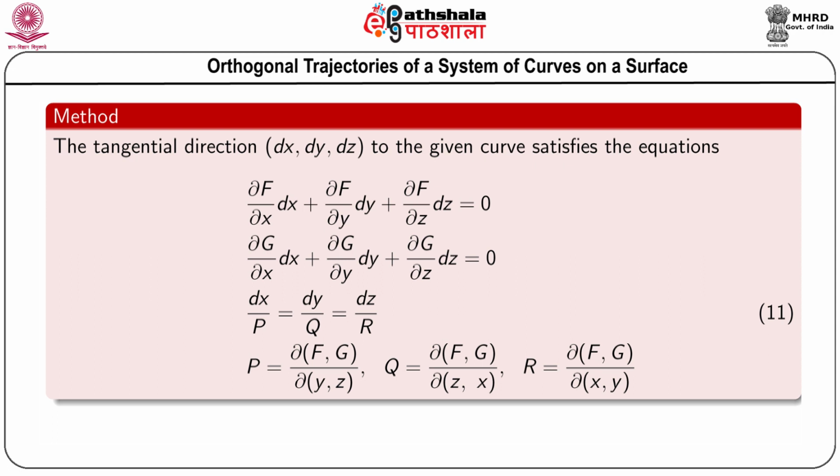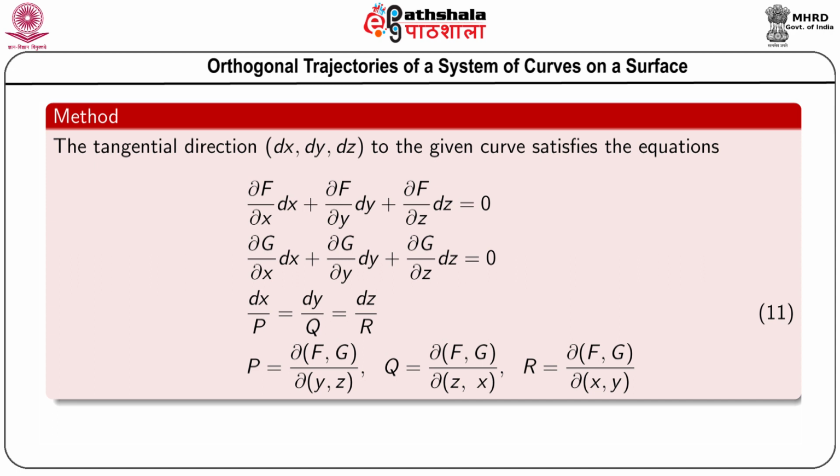Now, if we solve these two equations, we will get a simultaneous equation like this, where p, q, r are functions of del f del x, del f del y, del f del z, and del g del x, del g del y, del g del z, and these expressions are written here.